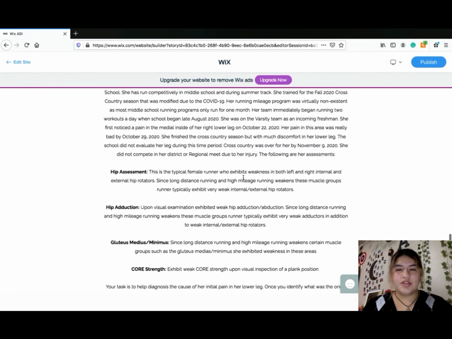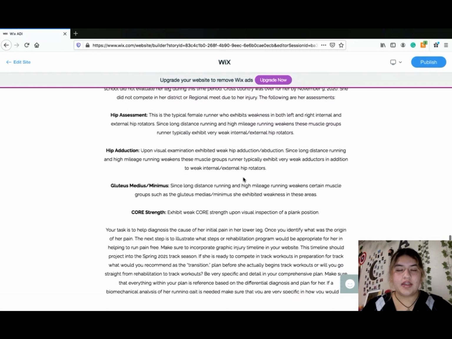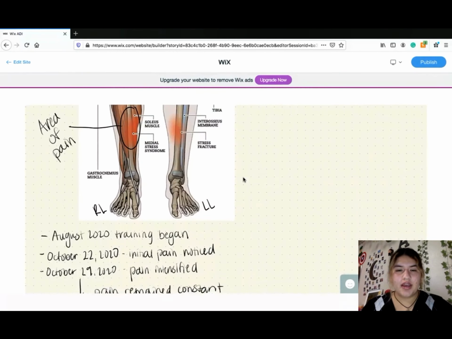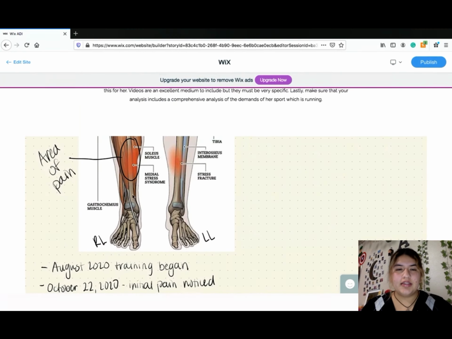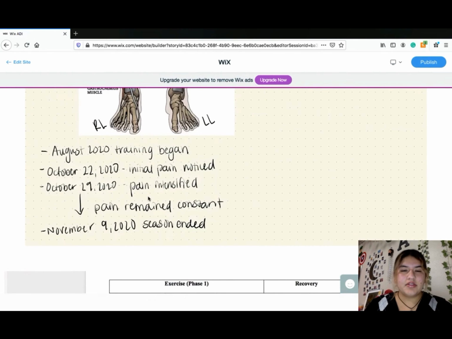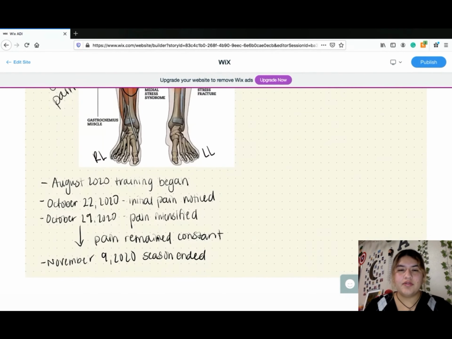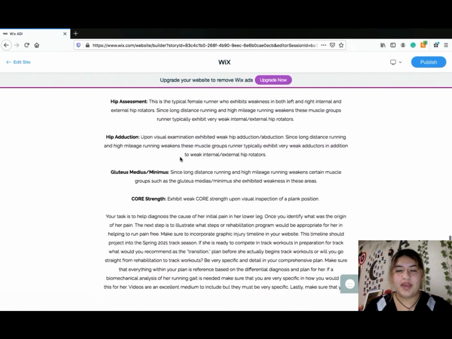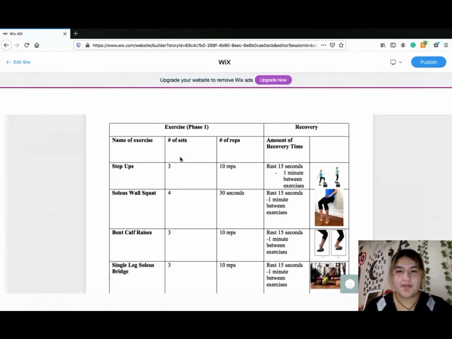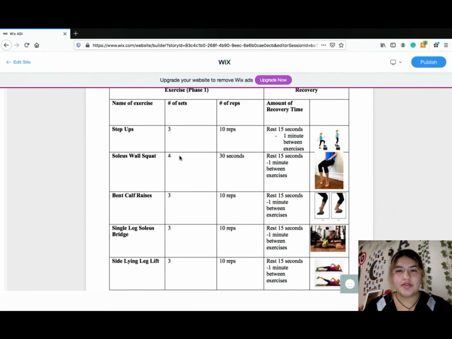Here's the original case study, the beginning. So moving down here, I have a little diagram of where the pain is said to be, and then here I have like a little mini timeline of what is mentioned here at the beginning with her pain and her progression of pain. Here I have the diagrams for the exercise.